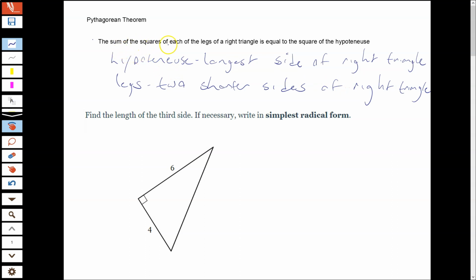So the sum of the squares of each of the legs, each of the two shorter sides of a right triangle, is equal to the square of the hypotenuse, the longer side. How you definitely have seen this before is a squared plus b squared equals c squared. Okay, so that's what we're doing here: instead of solving for missing angles in triangles, we're now solving for missing sides. And it's important to note that this only applies to right triangles.